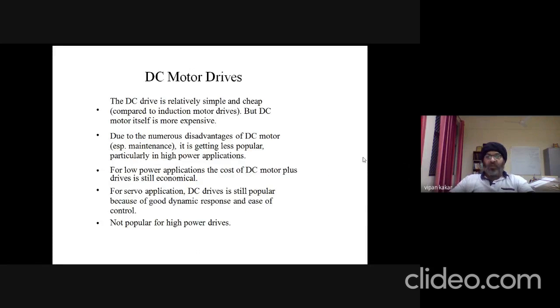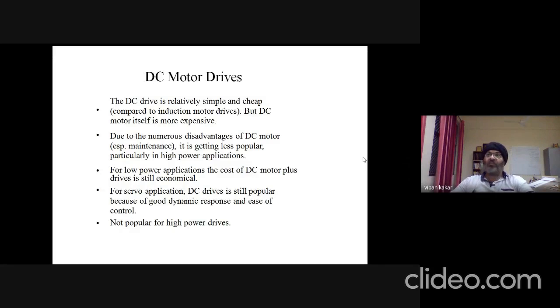So now what about the DC motor drives, after getting to know the advantages and disadvantages of DC motors? The DC drives are relatively simple and low cost compared to the induction motor drives.